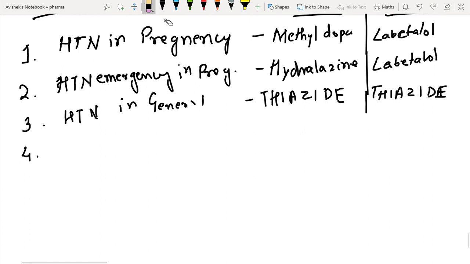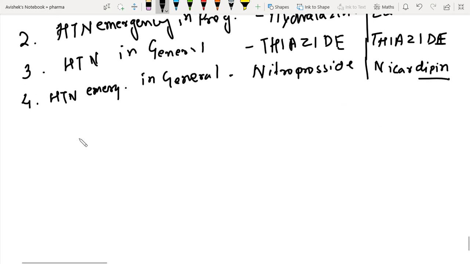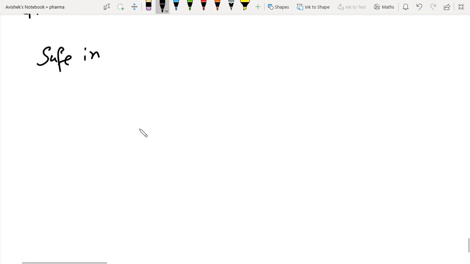Safe in pregnancy. Drugs which are safe in pregnancy: beta blockers, labetalol, hydralazine.